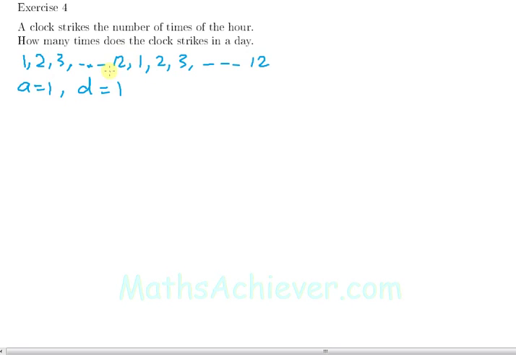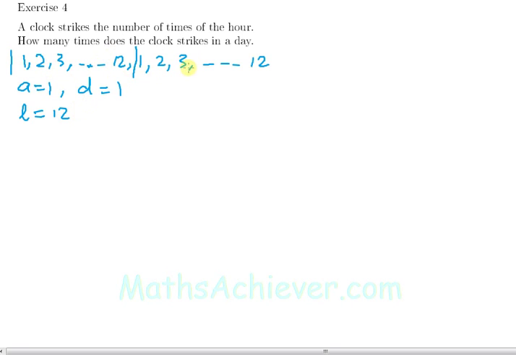And we also know that the last term here is L, which is 12. Basically what we have here is two sets of arithmetic progression, so we can break it into two like this, right?